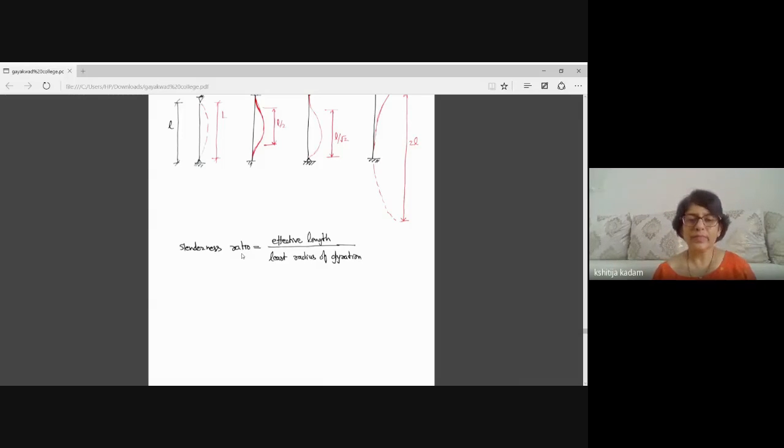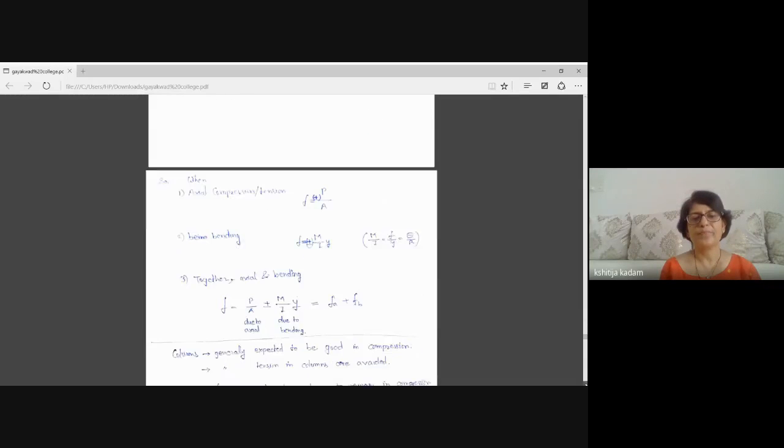In engineering mechanics, you have studied that radius of gyration is equal to under root moment of inertia divided by cross section area. So this is about long columns.